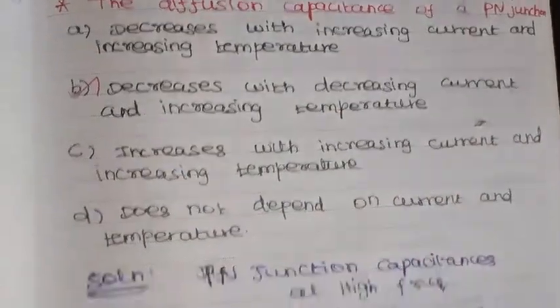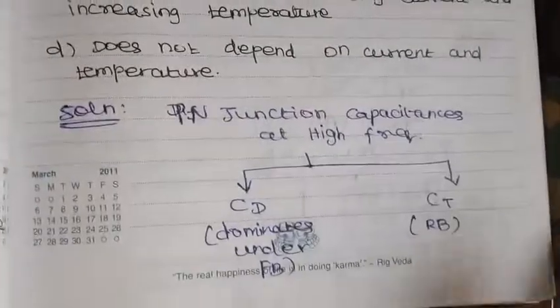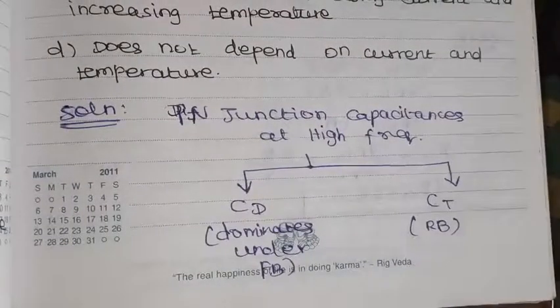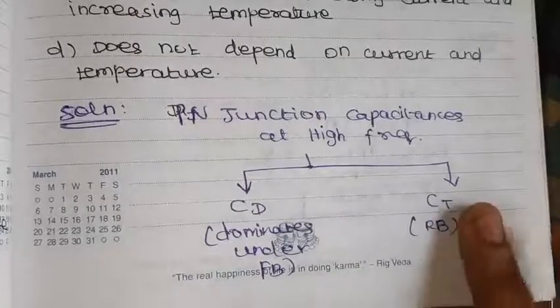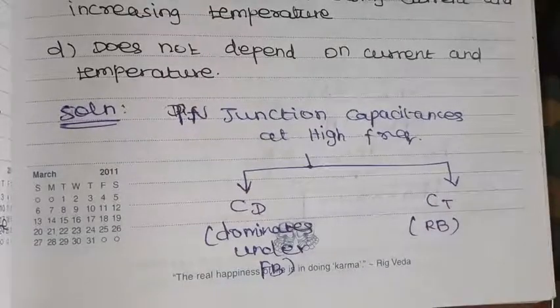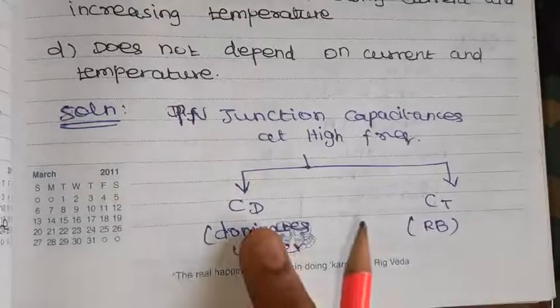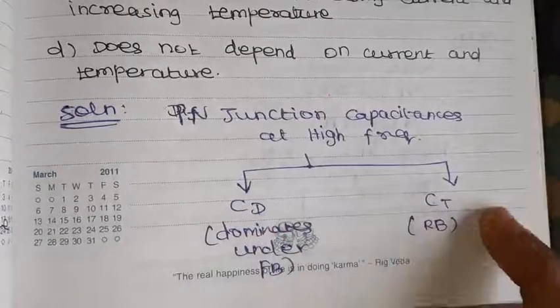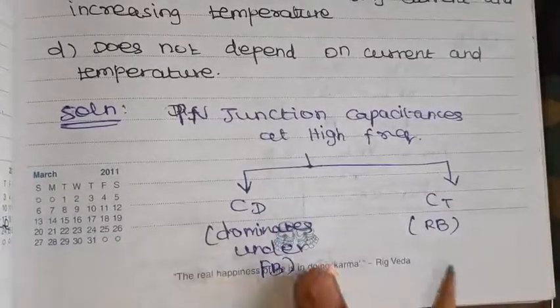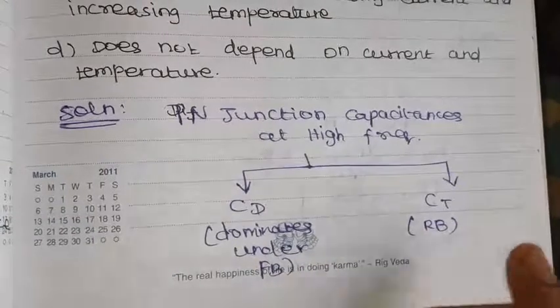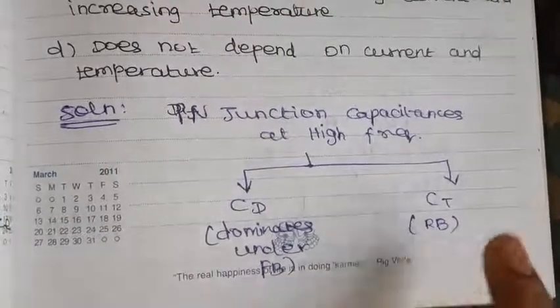So first, we know what diffusion capacitance is. PN junction capacitances at high frequencies exhibit two types of capacitance. One is diffusion capacitance, the other is transition capacitance. Diffusion capacitance is denoted as CD, transition capacitance is CT. Diffusion capacitance dominates under forward bias, whereas transition capacitance dominates under reverse bias.